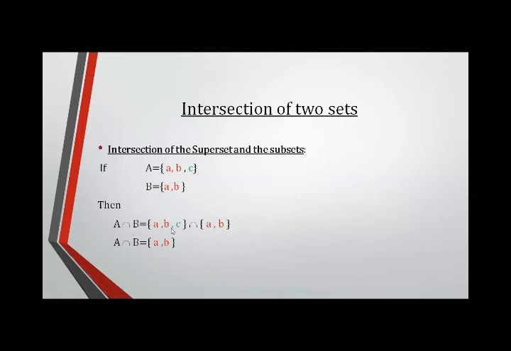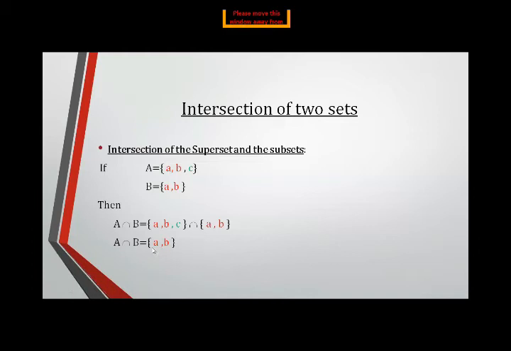Now here we write the superset, which is A, including the elements A, B and C, and we are taking the intersection between them, so we put here an intersection sign. Then we write set B, which is A, B. As you can see, students, set B is a subset of A. So here we find the intersection between them.